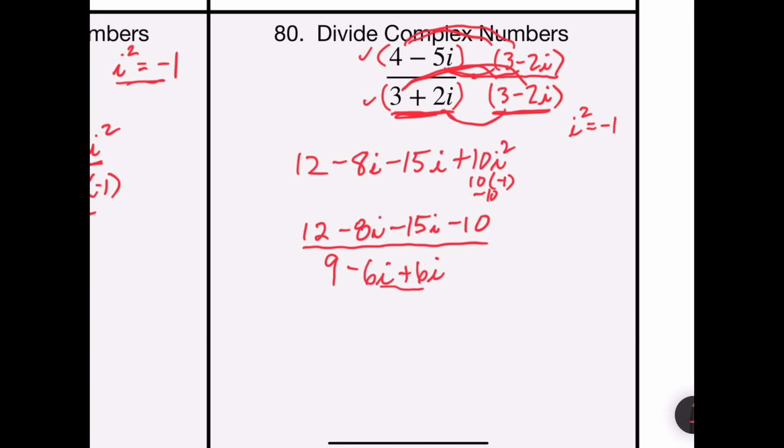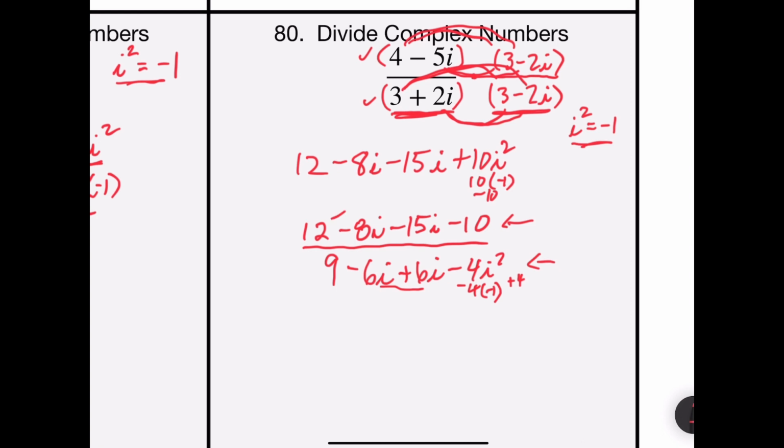And 2i times negative 2i is negative 4i squared. But again, i squared is negative 1, so this negative 4 will be multiplied by negative 1, which will give me a positive 4. So let's combine like terms in the numerator and the denominator.